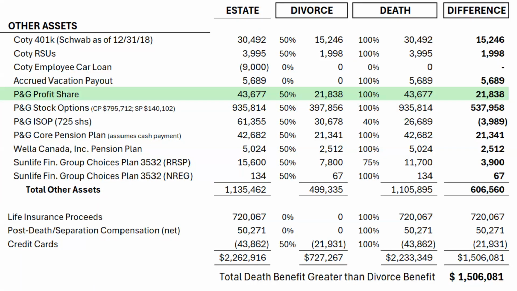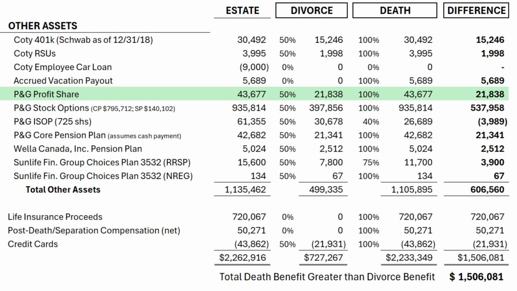Okay. And again, this was an amount that, just like the vacation, was paid out and transferred to the defendant in March of 2017. So she benefited by almost $22,000 through the death of her husband on this one.